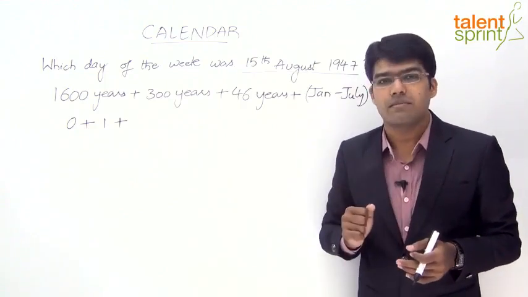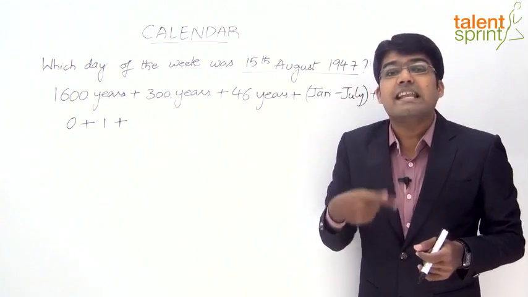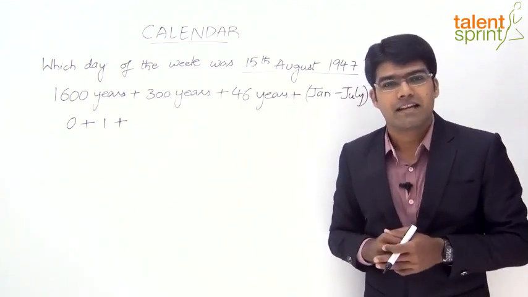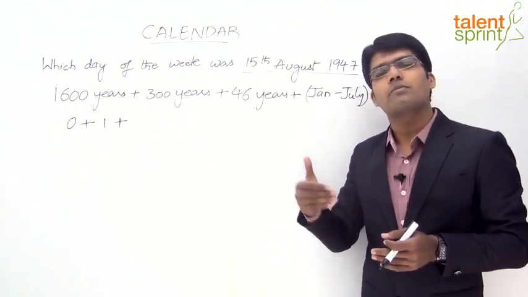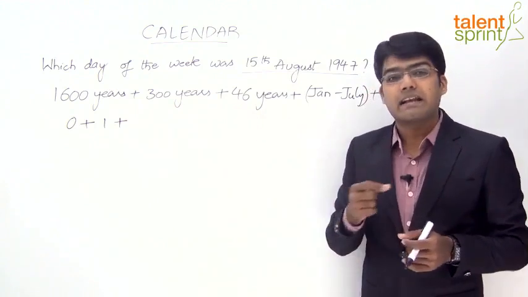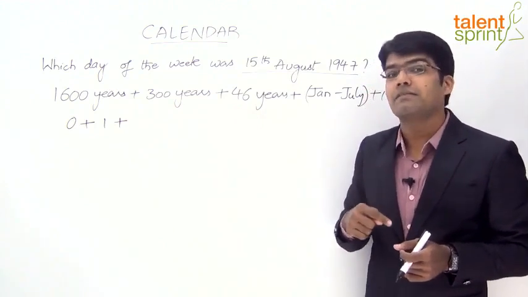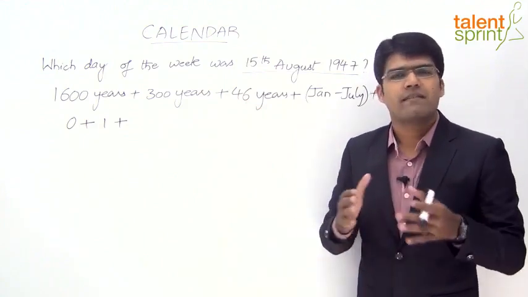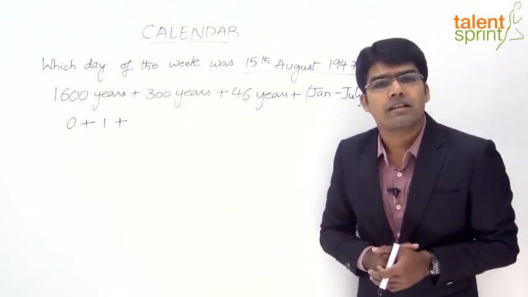So we have 11 multiples, right? We can say that 4 occurs 11 times in 46 years. That means there will be 11 leap years, right? 1904, 1908 up to 1944, 11 leap years. So out of 46 years, 11 are leap years, and the remaining 35 years, 46 minus 11 is 35, are ordinary years. So 11 leap years and 35 ordinary years.